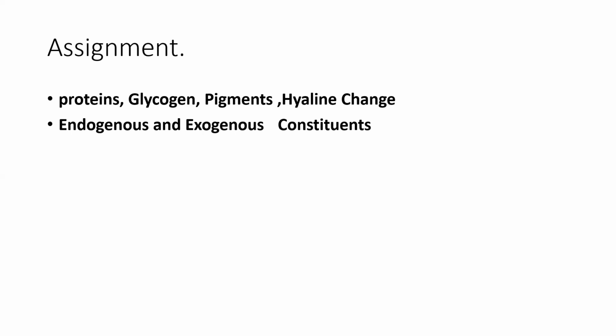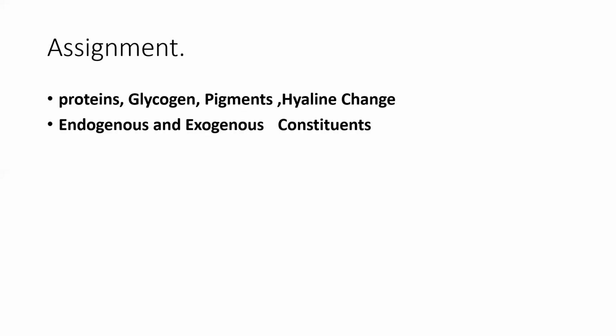Assignment: protein, glycogen, pigments, hyaline changes, endogenous and exogenous constituents. Endogenous constituents are those inbuilt in our body, and exogenous are those we adopt from outside of the body. So these are the causes of cell structural changes, cell functional changes, cell chemical changes, or finally cell death.